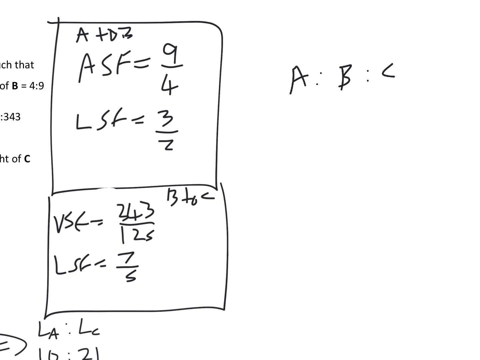But let's say that A is 1, then B is going to be 1.5 times that. You're going to multiply A by the scale factor to give you 3 over 2. And then, if you're wanting to go from B to C, the B value has to be multiplied by 7 over 5, and that will give you 3 over 2 times 7 over 5, which is 21 over 10.